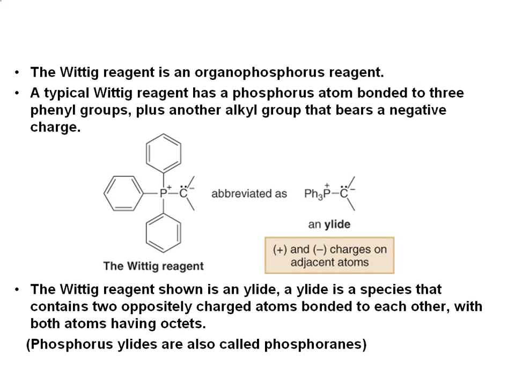So an ylide is a compound where you have positive and negative charges on adjacent atoms. So the Wittig reagent is an ylide. That makes the carbon negatively charged and gives it nucleophilic character, enough nucleophilic character to react with an electrophilic carbonyl carbon to form a new carbon-carbon bond.